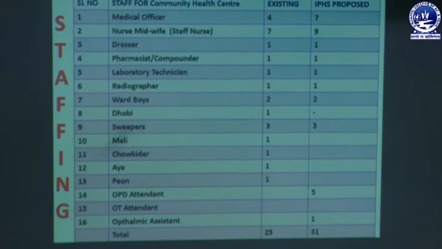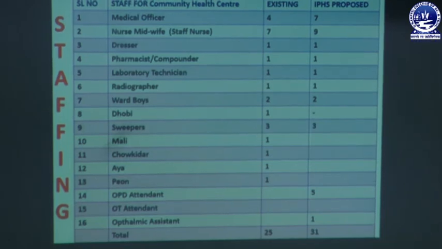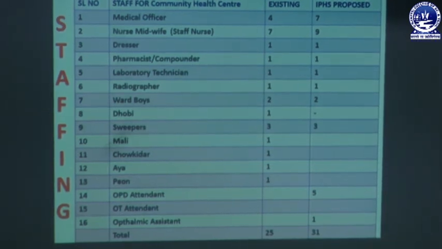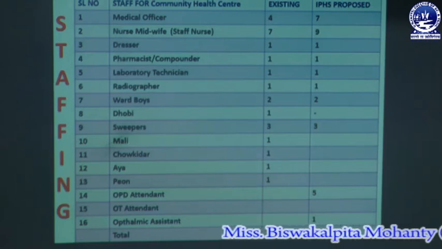Then ward boys existing 2 and IPHS proposed 2. Then dhobi existing 1, there is no proposed. Sweeper existing 3 and also proposed 3. Then mali 1 existing, and chowkidar, aya and peon also existing, the number of each is 1. And OPD attendant, IPHS proposed 5 attendants, but there is no existing OPD attendant.